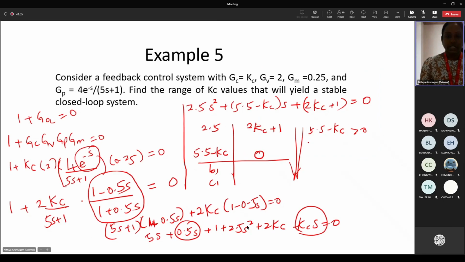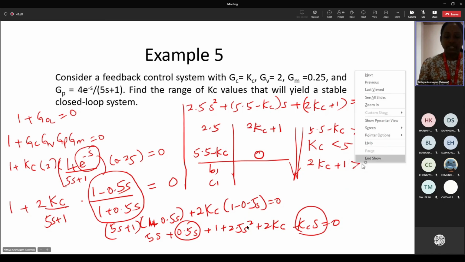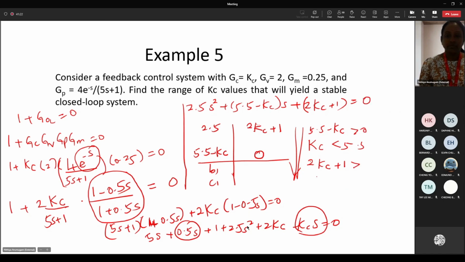So here Kc will be less than 5.5. This is one portion. Another portion, we'll be getting 2 Kc plus 1 must be more than 0. So Kc must be more than negative 0.5.